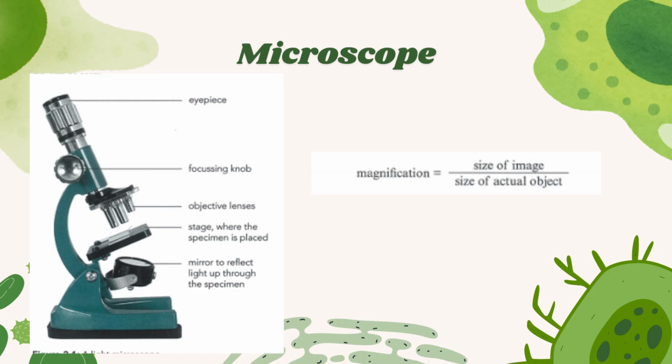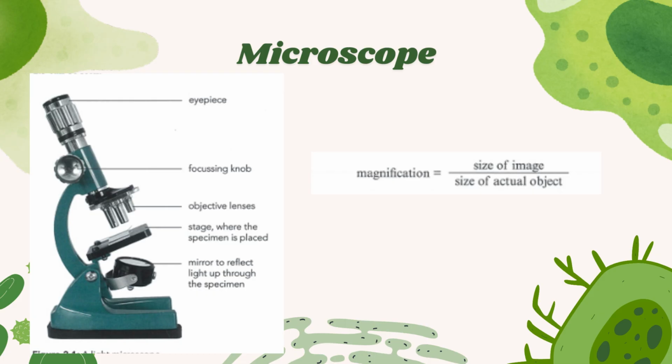You can see in this picture there are some parts of the microscope. We put our eye on the eyepiece, and the specimen we want to see is kept on the stage. The lens which is very close to the specimen we call the objective lens. And there are some knobs we call focusing knobs.